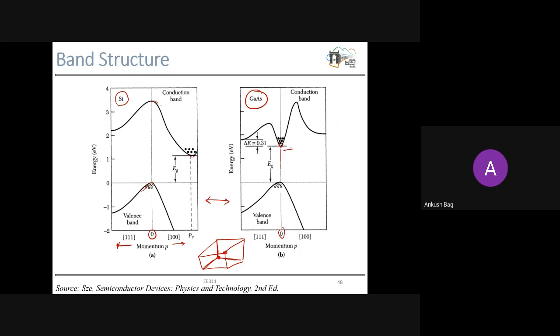So here also you have the same position, here also the same position. But in silicon, if we go towards the 100 direction, you will find the conduction band minimum. So electrons in silicon, based on the direction of the crystal, will behave differently.